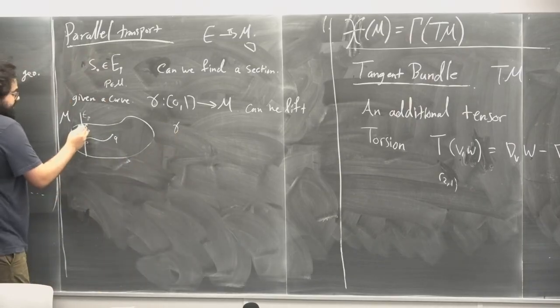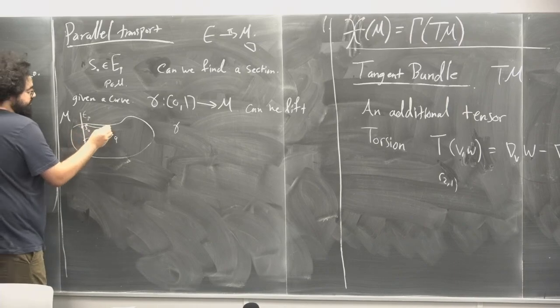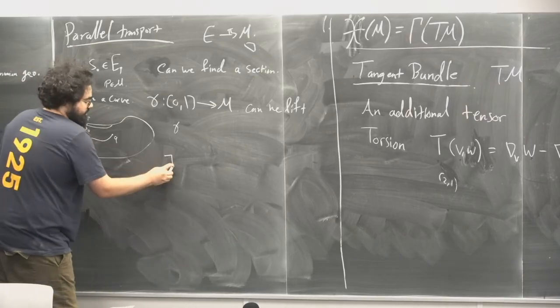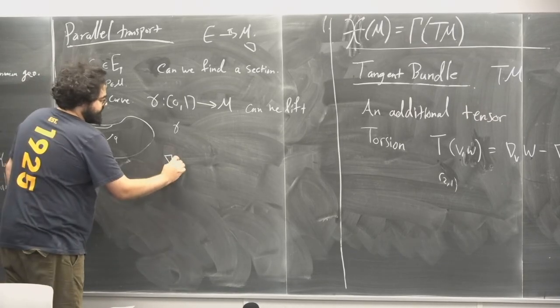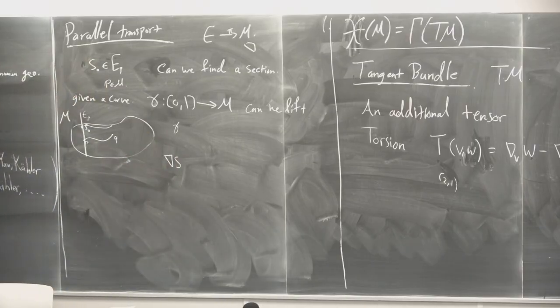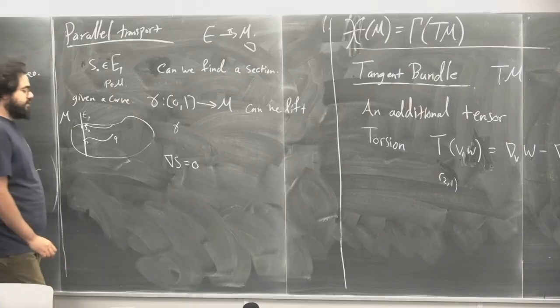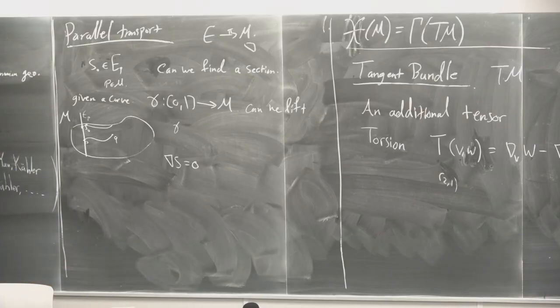Once we lift gamma, we get a section of this bundle, and we now know that we can apply this nabla to these sections, and we will require that nabla of this section that we want to get to be 0.